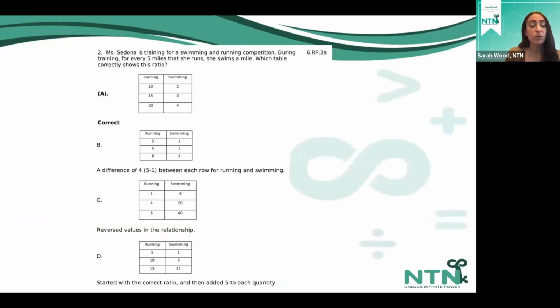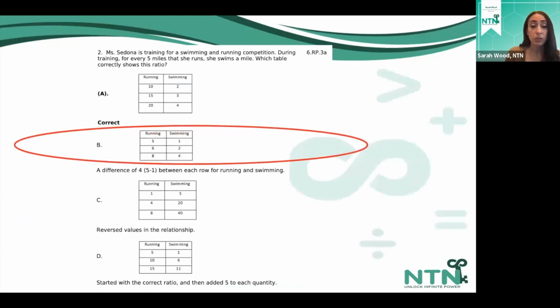For question number 2, all of the students had selected answer choice B. And if you look below each of those answer choices, you'll see our resource generates a reason for answer, which gives you a little bit of insight about what that misconception is.